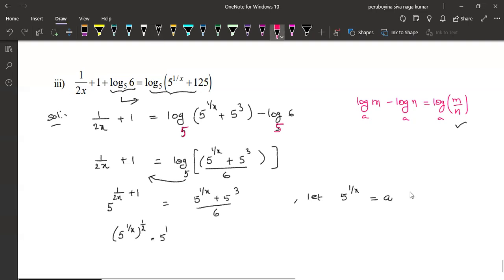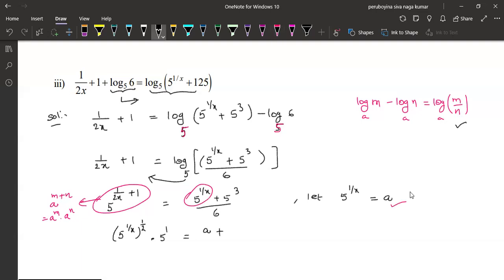Why? Because it looks like a power m plus n, and we know the rule a power m into a power n. So that's why I wrote 5 power 1 by x whole power 1 by 2 multiplied by 5 power 1, and 5 power 1 by x we already decided was a.